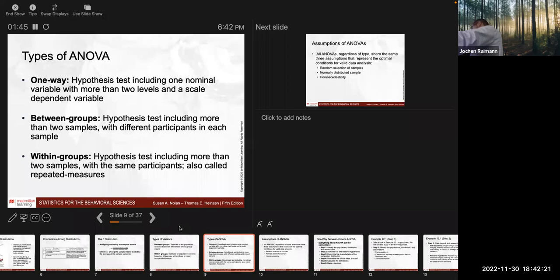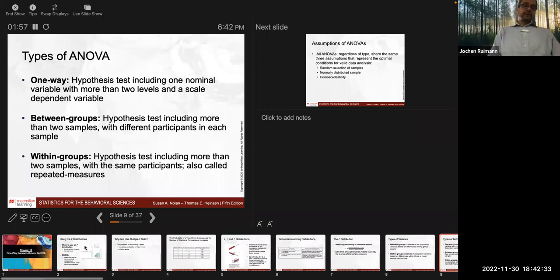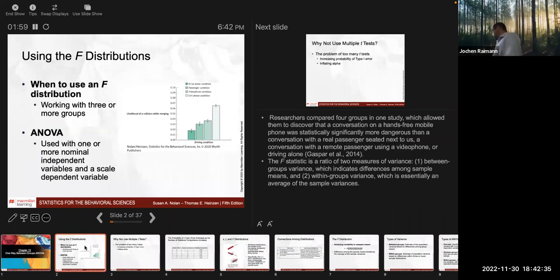Within groups, each participant goes through the different levels of your independent variable or your condition. So in the example of likelihood of collision, you basically have 4 different conditions. You have a likelihood of a crash, that's your dependent variable, which is scale continuous, and you have independent variable, that's the driving condition.